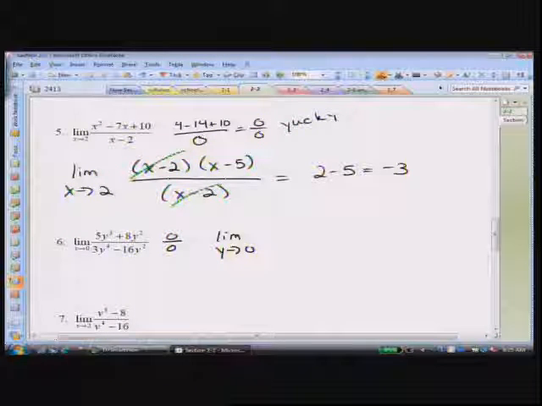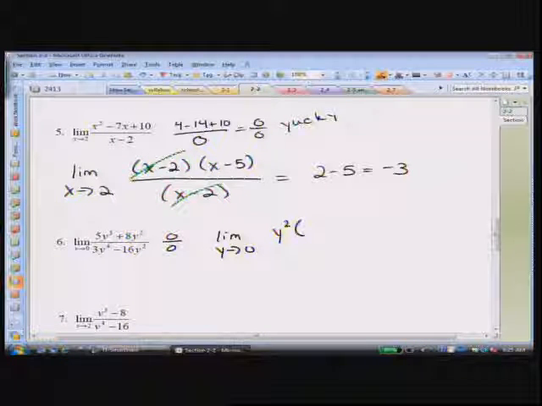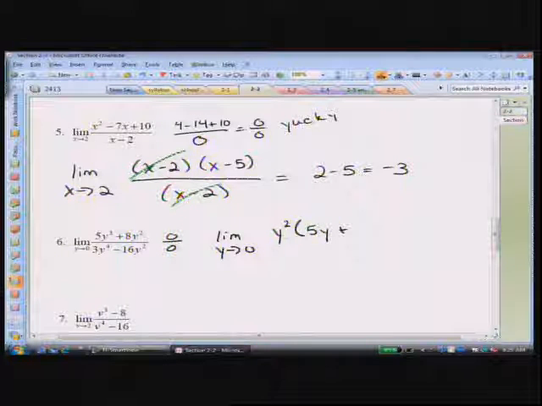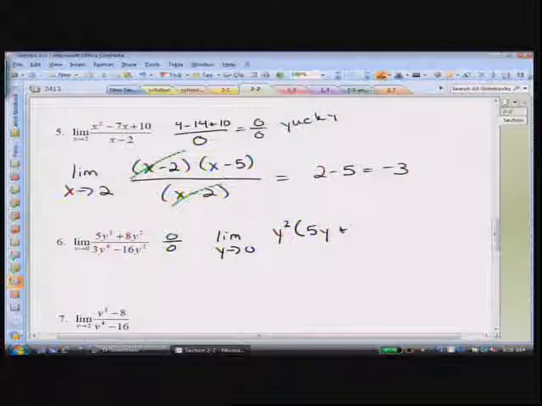Well, how about, could we factor a y squared out of there? Because y squared divides into both of those, right? And so if we divide 5y cubed by y squared, what will we have left right here? 5y plus, if we divide 8y squared by y squared, what do we have left? 8. Everybody okay? You can always check by distributing through here.